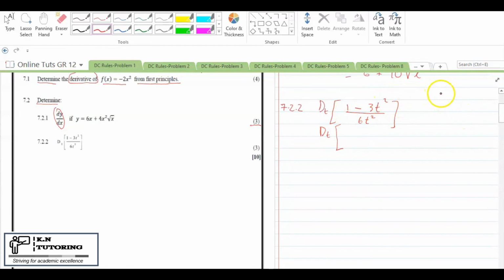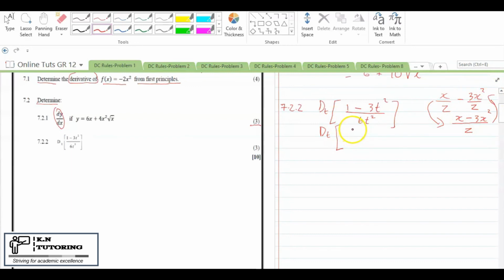We can agree that an expression like x divided by z minus 3x squared divided by z is the same as (x minus 3x squared) divided by z. This is the same as that, which means that is also the same as that. So for this problem, I'm already given that, and now I want to write it like that. So I'm going to separate it.